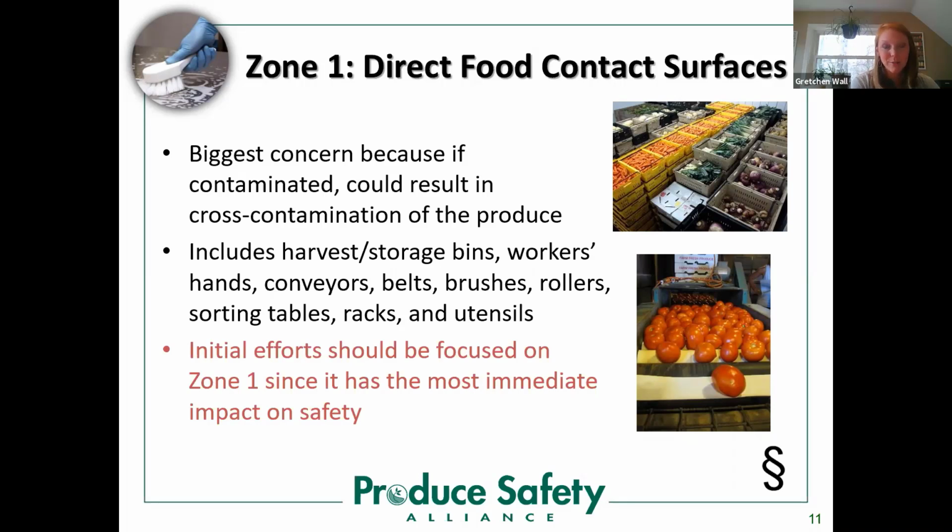You're going to get a lot of questions about what is appropriate to sanitize to protect against contamination of covered produce. So this is really the first time that we're getting into the PSR requirements for cleaning and sanitation of those surfaces, but really it's up to the grower to determine what is appropriate. And the whole reason why we've introduced this concept of zones is to help them focus those efforts on what is the most immediate thing that they should focus on to make the biggest impact on produce safety.